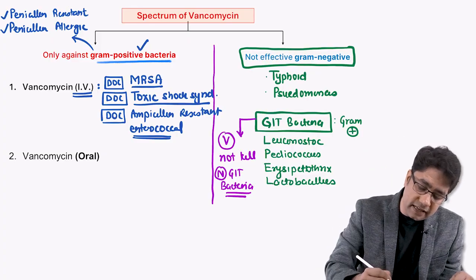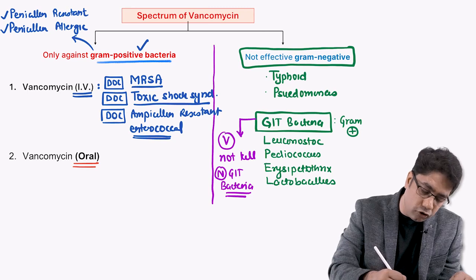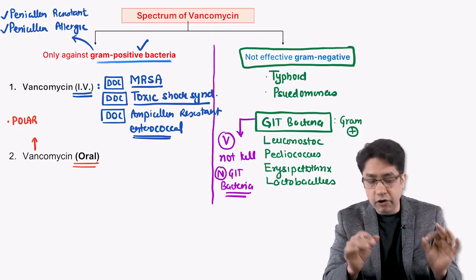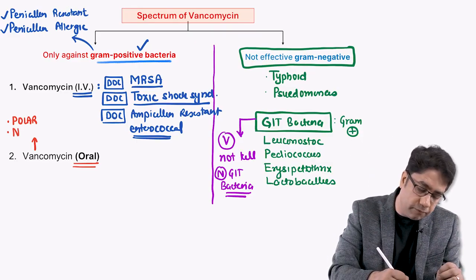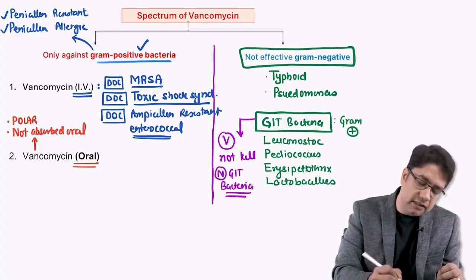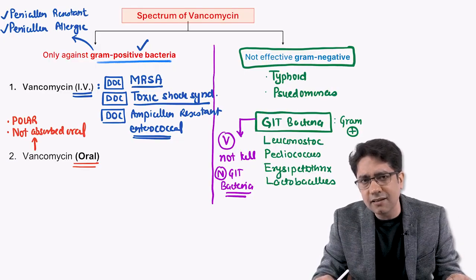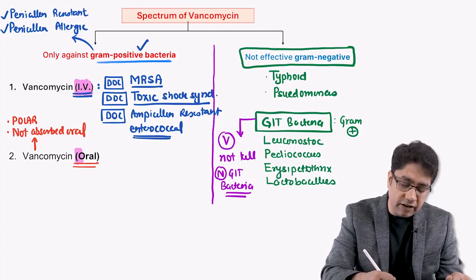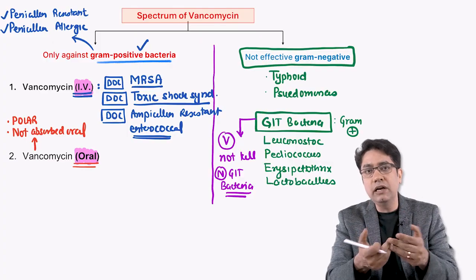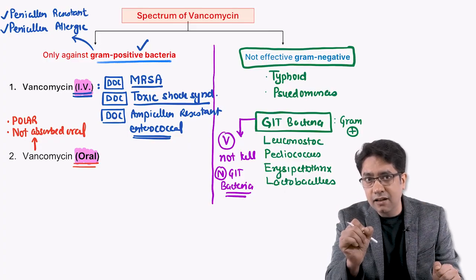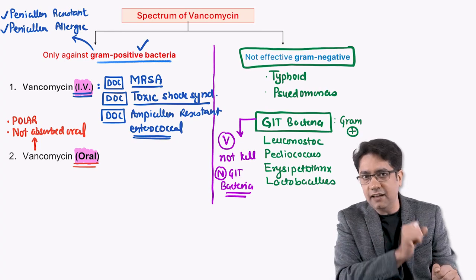Now vancomycin, can we give it orally? Let's see. Vancomycin is a highly polar drug. Polar means it is a highly water soluble drug, and water soluble drugs are not absorbed orally. So can you give vancomycin orally for the treatment of MRSA? Answer is no. Here we give vancomycin IV. But when we give vancomycin orally, although it will not come into your blood, don't you think it will kill an infection in the GIT?